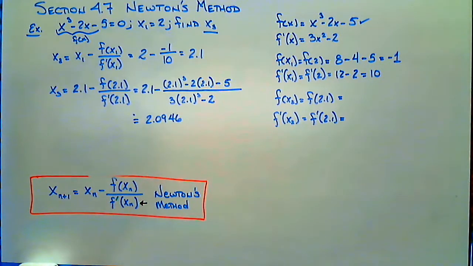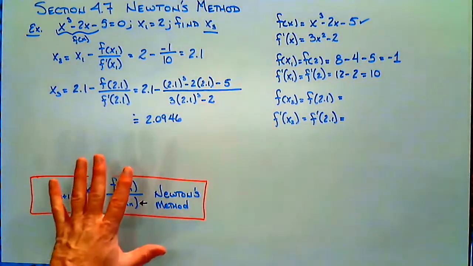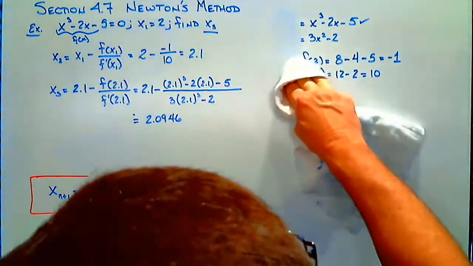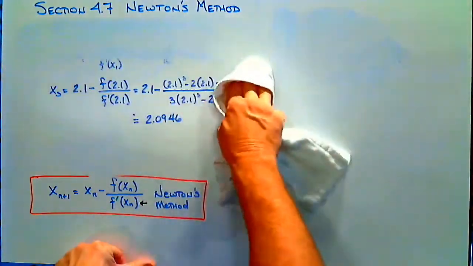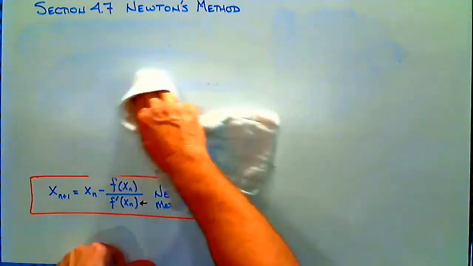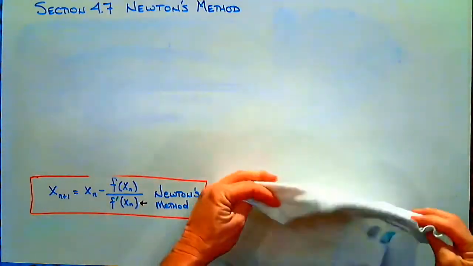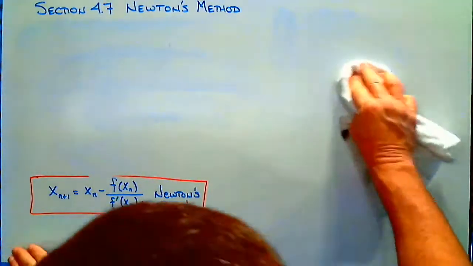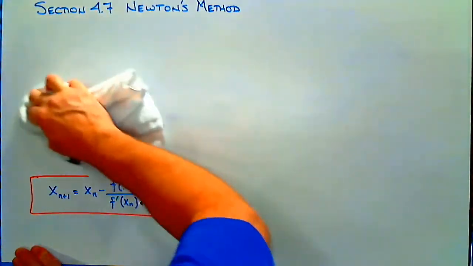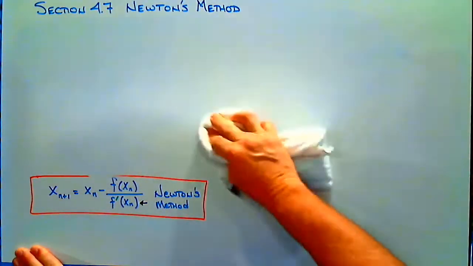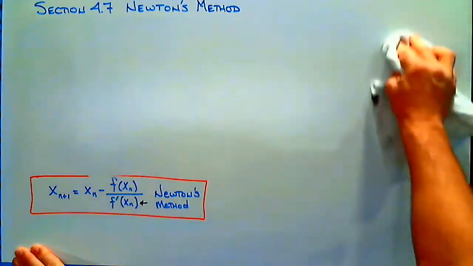So I'm going to work out another example. It's again Newton's method, but it looks a little different. And you and I will try to discuss how the appearance of it being different is really nothing more than that. Just the appearance of it being different. It's really the same problem.